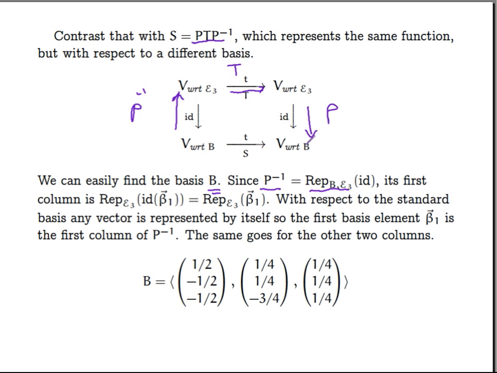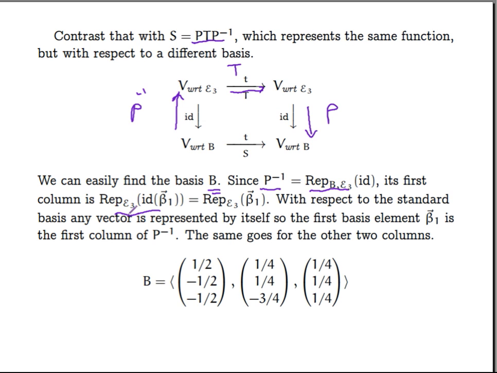Well, whenever you have a representation of an identity from one basis to the standard basis, that is easy to find. The columns of the representation are equal to, by the original formula for representations of linear transformations, the representation with respect to the range basis of the transformations of the domain basis vectors.